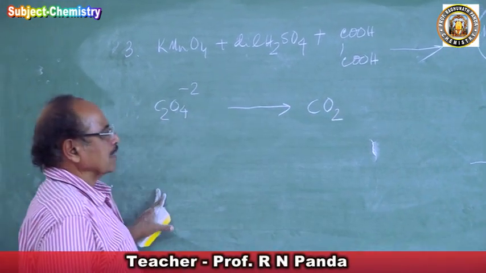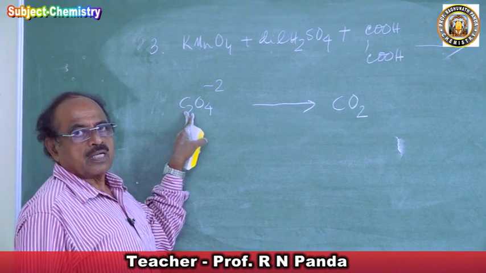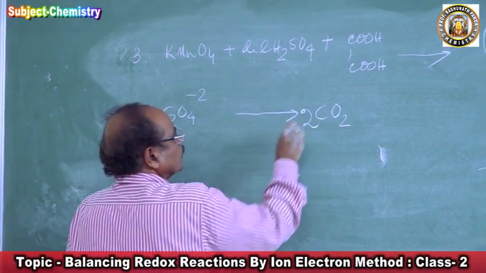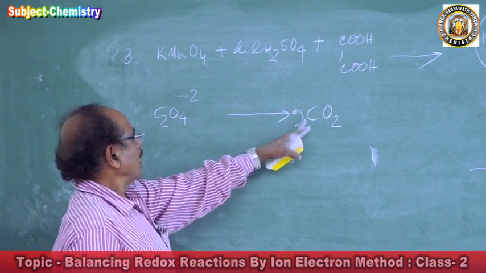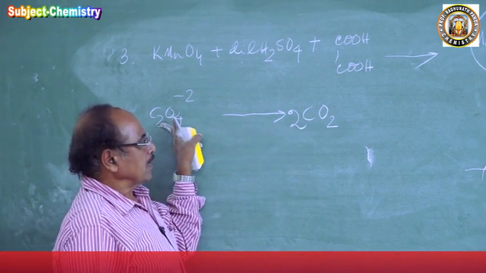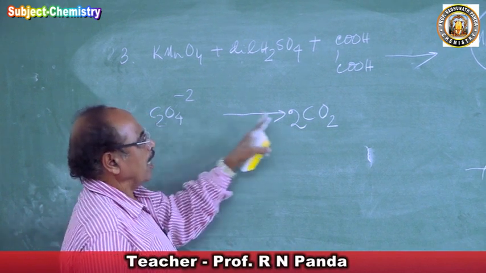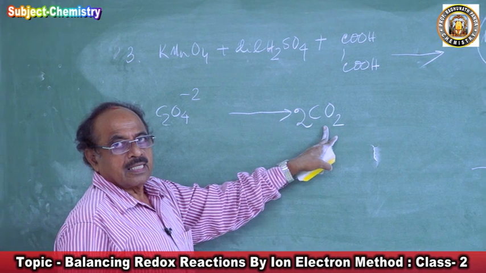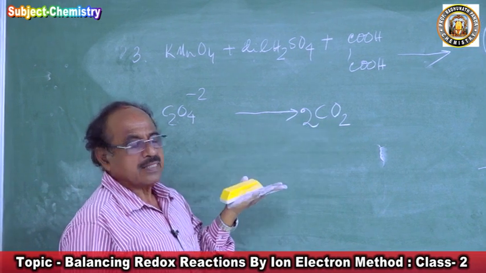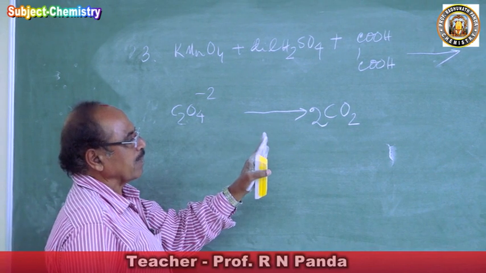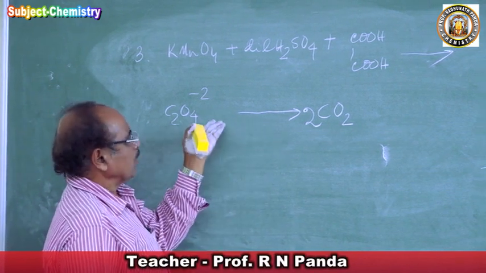So balance the atoms. How many carbon atoms on the left side? 2. So multiply by 2. Carbon atoms are balanced. Then what remains? Oxygen. How many oxygen on the left side? 4. How many oxygen on the right side? 4. Balanced. So there is no need for balancing with hydrogen ions.